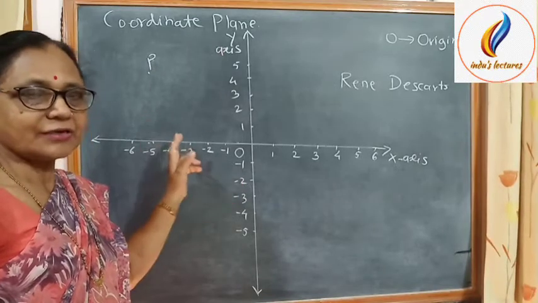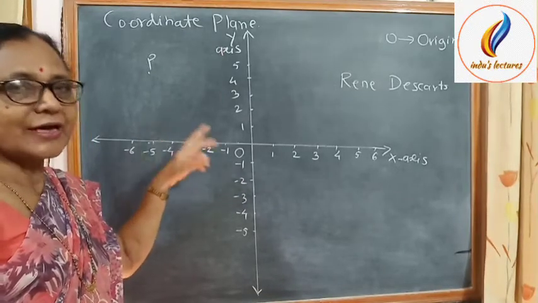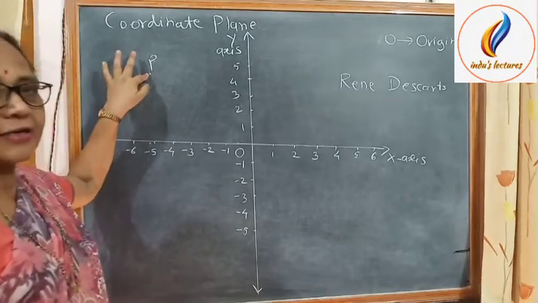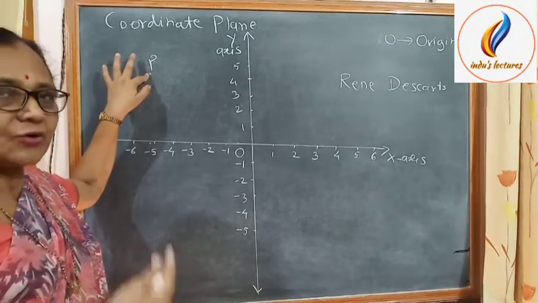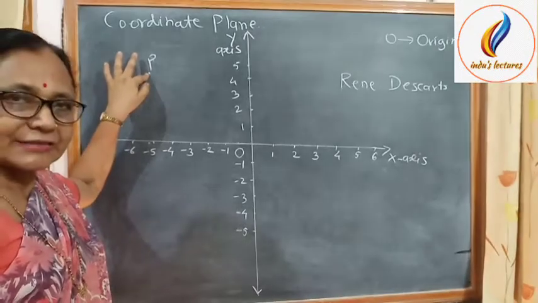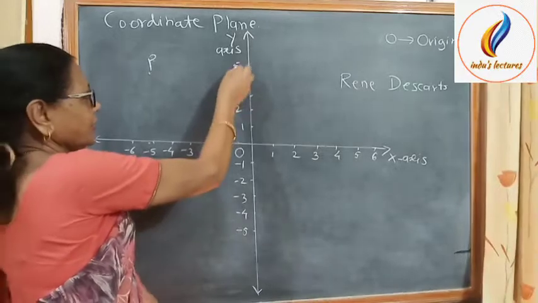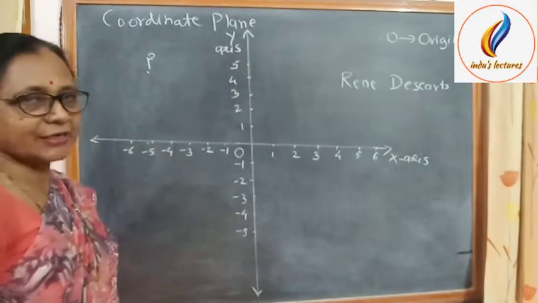So it is called a two-dimensional plane. That means for presenting any point in a plane, two things are necessary. So it is called a two-dimensional coordinate plane or Cartesian coordinate plane.